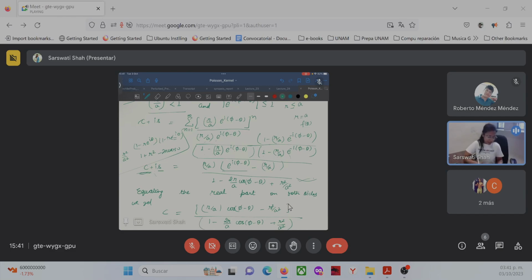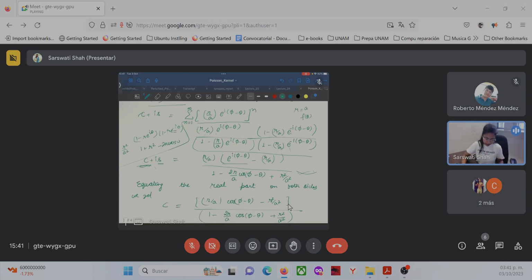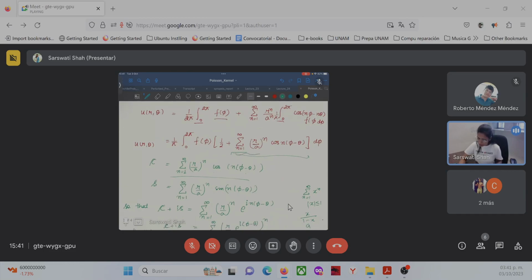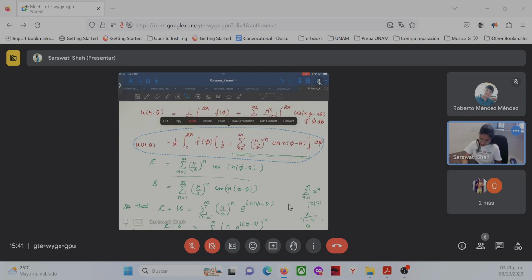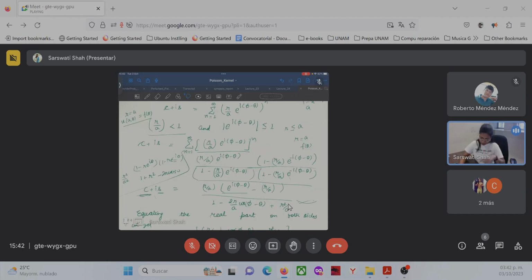So thus the expression in the square brackets of equation 10 becomes, so this expression becomes, I'm going to the next page.